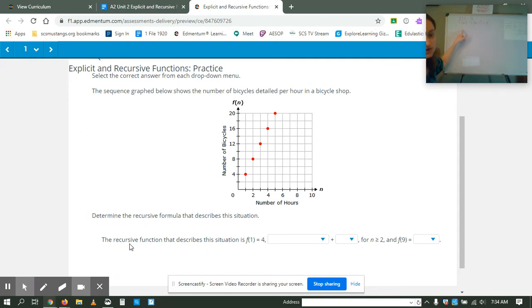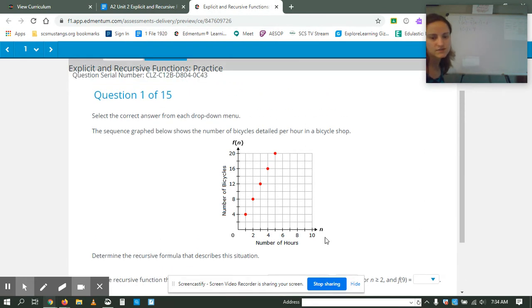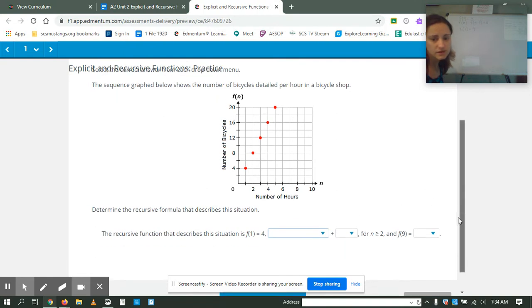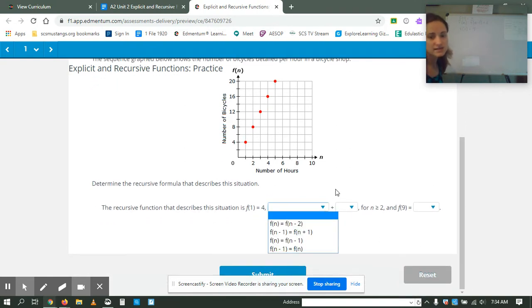So the recursive function that describes the situation of f of 1 is a, and they tell us that a is 4. So I'll just rewrite it down here. So I've got f of 1 is 4. And then they want us to fill in this first box. So they give us a drop-down box, and all this basically is asking: do you recognize what this function is supposed to look like?